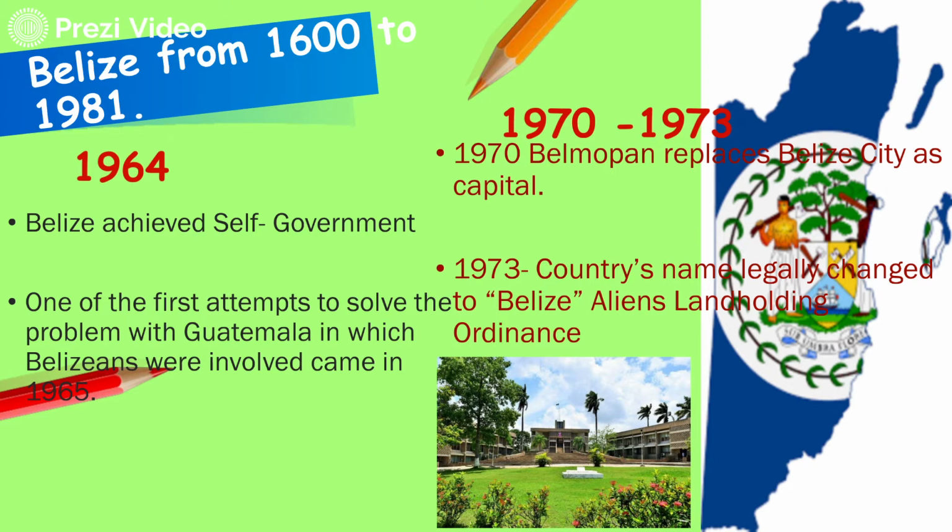And then in 1973, which is 3 years after, the country's name was legally changed to Belize. Remember, first our country's name was British Honduras. Now, in 1973, that name was changed to what, boys and girls? Right, it was changed to Belize.